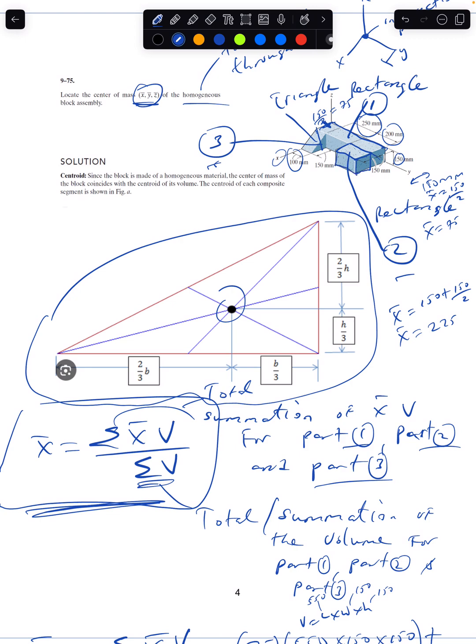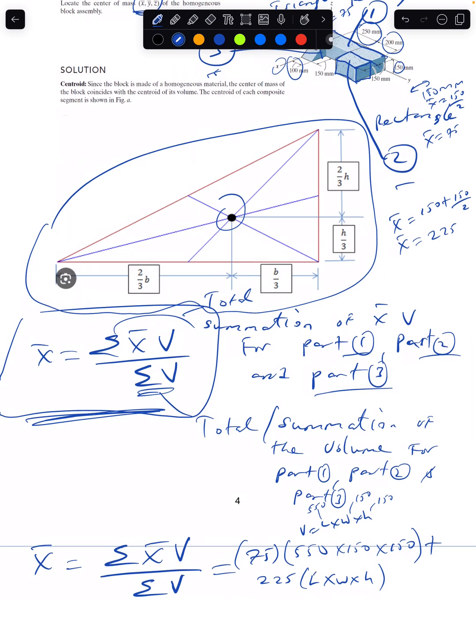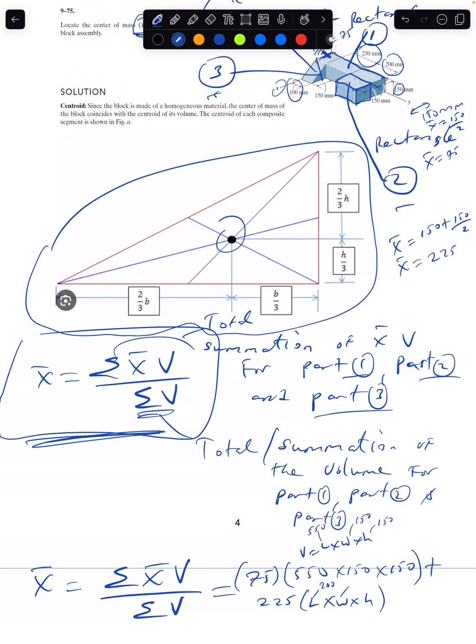So technically, I'm dealing with a side of 200. So my length is 200, and my width, this is the width, which is actually 150.